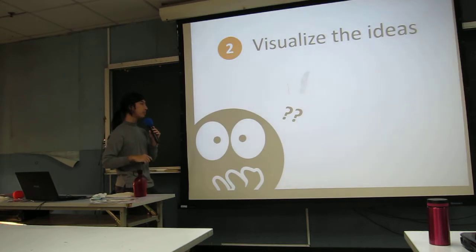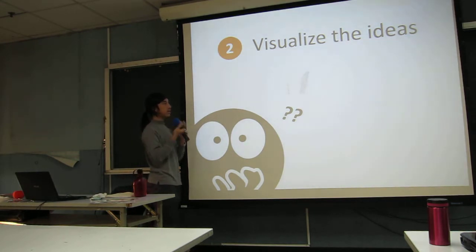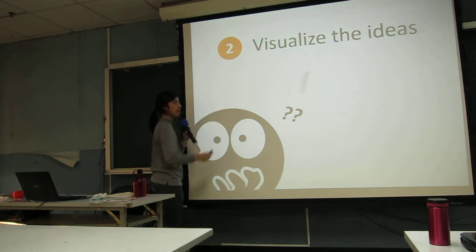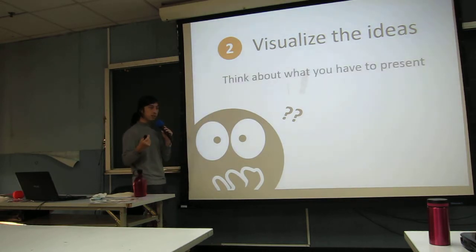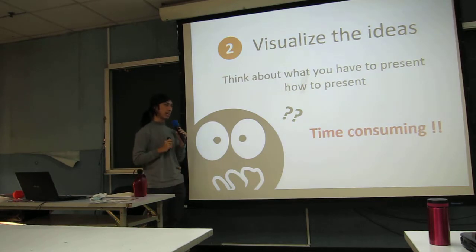Then the next step is to try to visualize your idea, to convert the very abstract idea into something you can see on the slide. To think about what you have to present, and also how to present. This process is the most time-consuming and really difficult step that you have to solve.